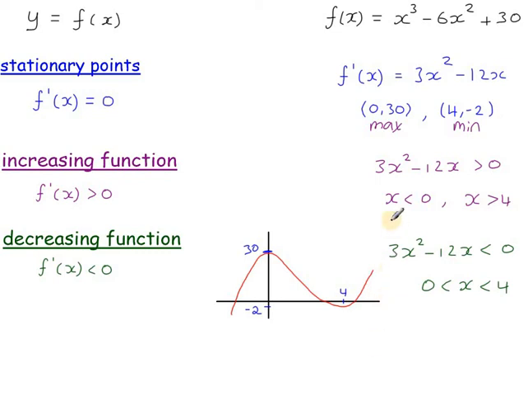And we have an increasing function for x less than 0, so this is x equals 0, this is an increasing function, positive gradient, and for x greater than 4, positive gradient. We have a negative gradient for x between 0 and 4, and the stationary points where the gradient is 0 here and here.